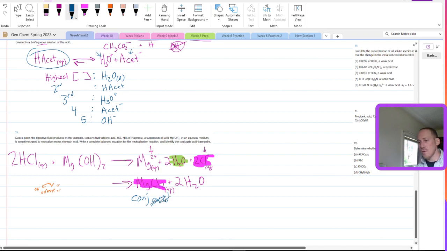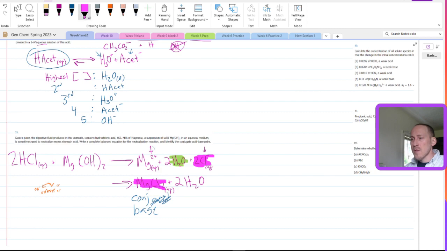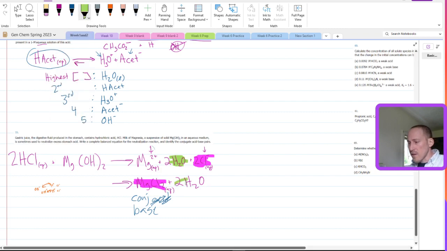That's the conjugate base. That's what happened when the chlorine gave up its protons. And the magnesium was receptive to gaining. Scratch that last sentence that I didn't finish. That was going to be wrong, but otherwise it's all correct. Okay, let's keep moving.